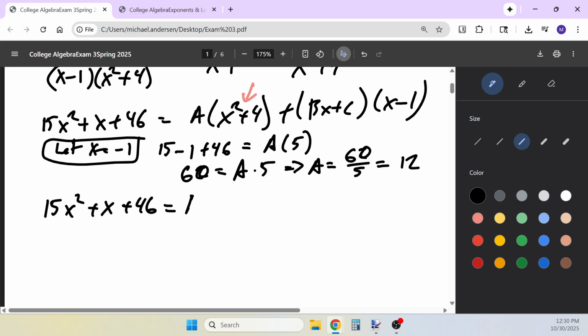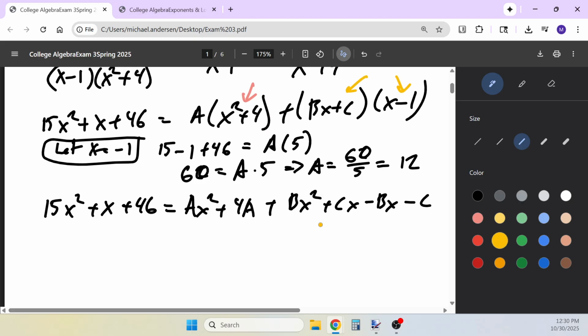So we get ax squared plus 4a plus bx squared plus c minus b, taking all of these. After that, we will regroup, gathering our like terms together. A is 12, which we already found. Plug that in.